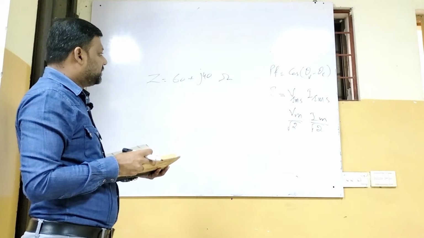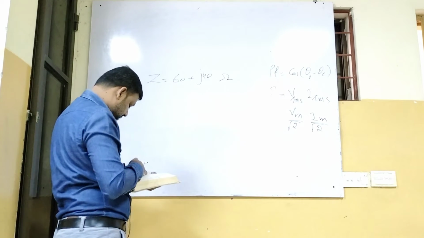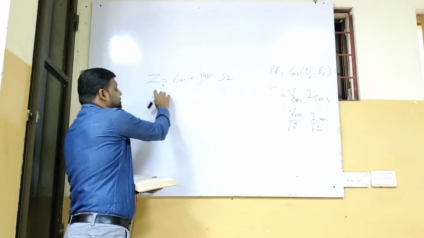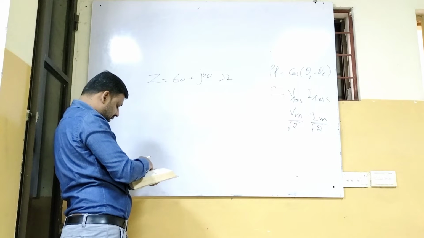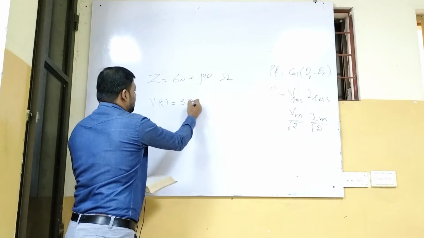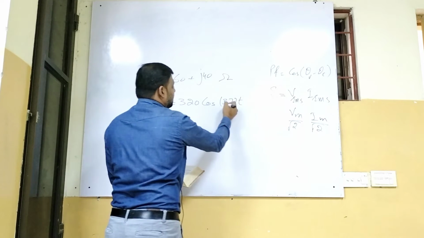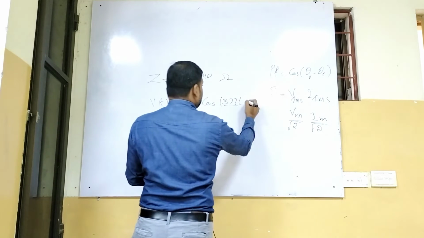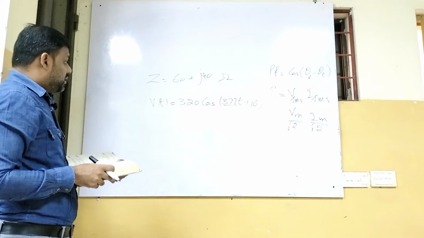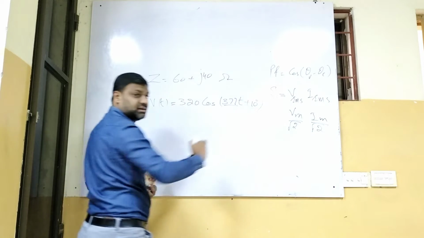Okay. So now we only have the impedance. Oh, we have the voltage as well. When the applied voltage is given, with this impedance, we could find out this value.